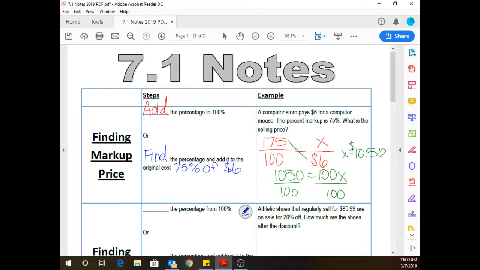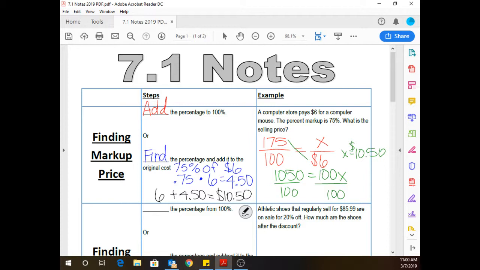You change 75% to a decimal. And of means to multiply times 6. So you would get 4.50 here. So that's the first step. Then the second step is you have to take that 4.50 and add it on to the 6 because it's a markup. So 6 plus 4.50 gets you 10.50.